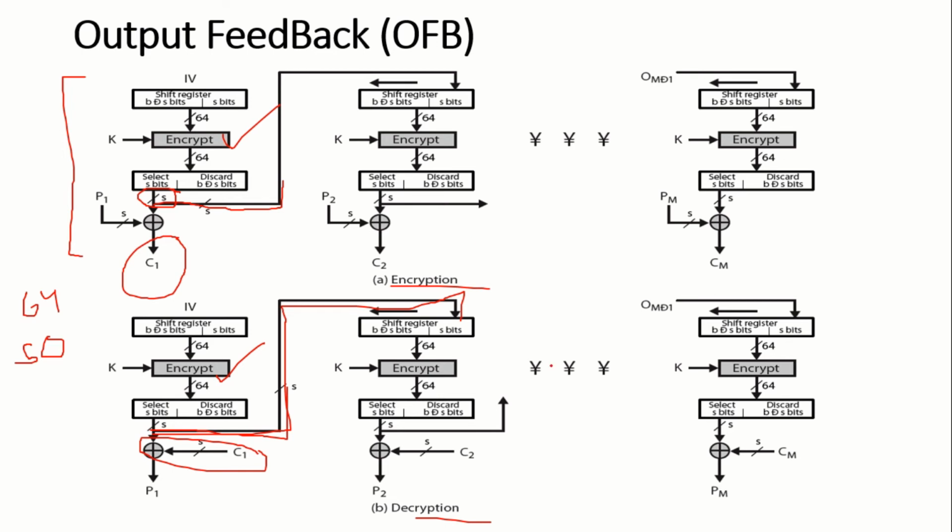So this is how this output feedback works. Okay, so this difference you have to keep in your mind, and you do not have to get confused between both of these things. The main thing is, in output feedback you use the output, and in cipher feedback you use the value of the cipher for the next stage.